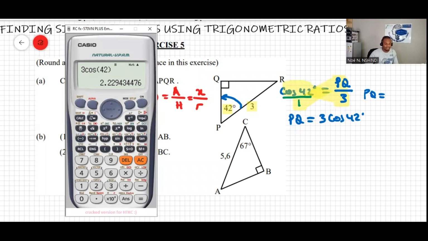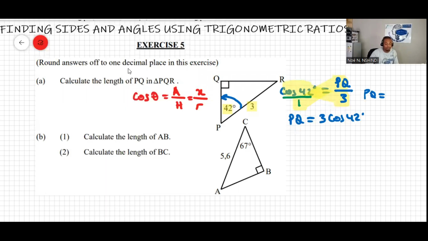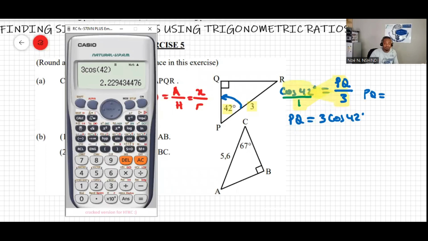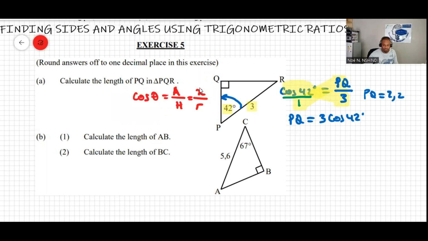Round off to one decimal place means we need to look at the second decimal value, which is 2. Because the second decimal value 2 is less than 5, we just drop the remaining digits. So the length PQ here is just 2.2.